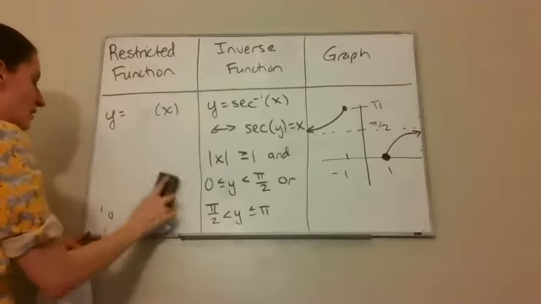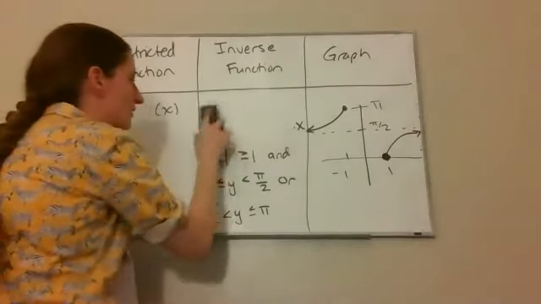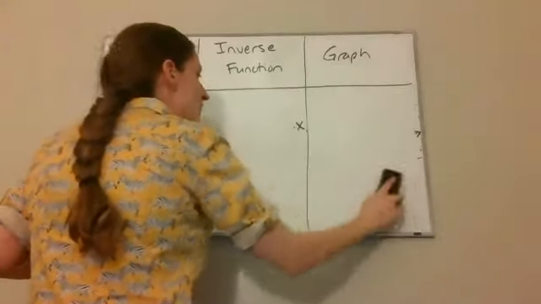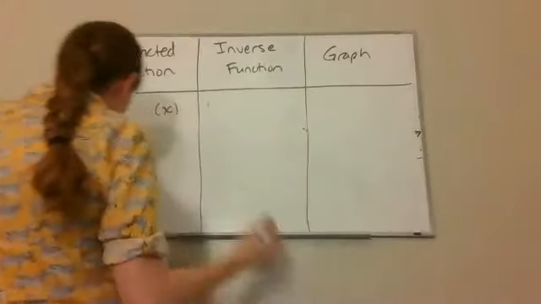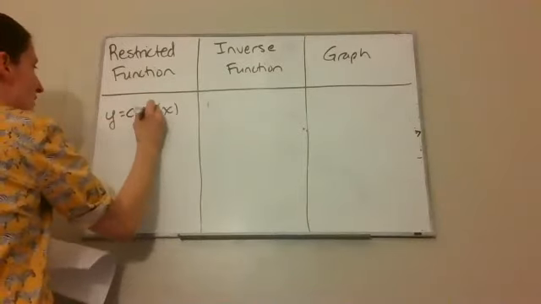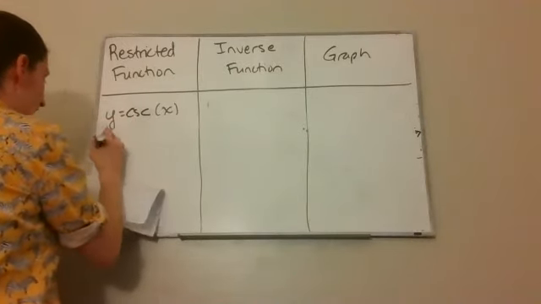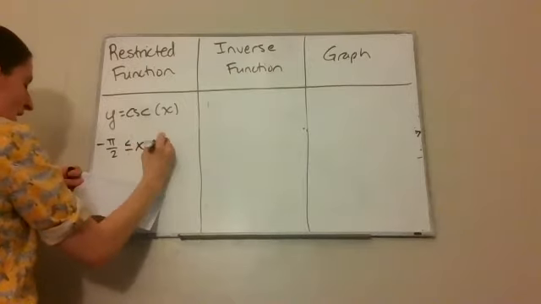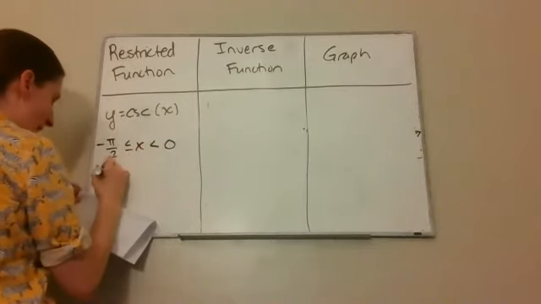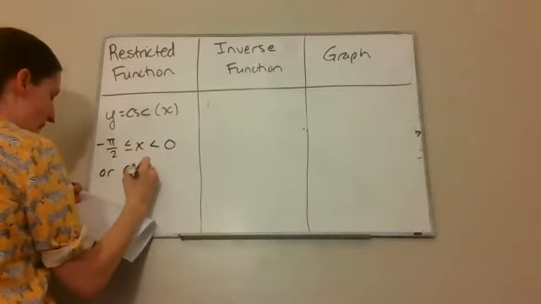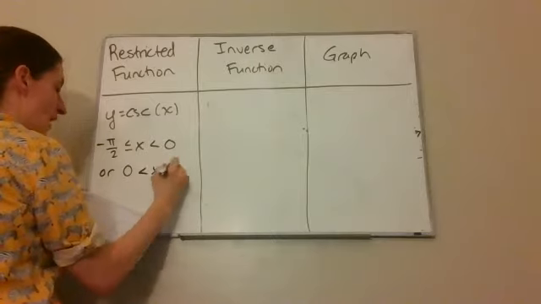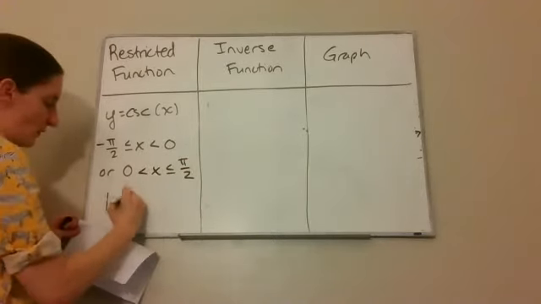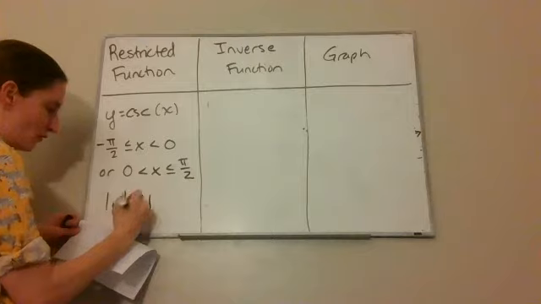It's very similar for cosecant. Y is equal to cosecant of x. My restriction is going to be x is between -pi/2 and pi/2, but not equal to 0. And absolute value of y is bigger than or equal to 1.